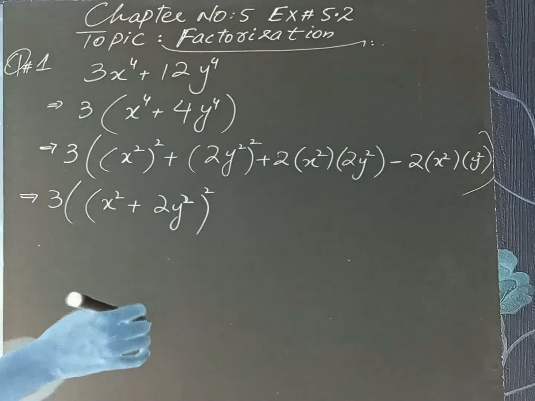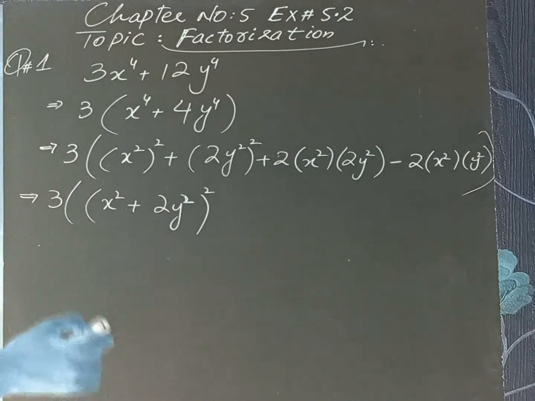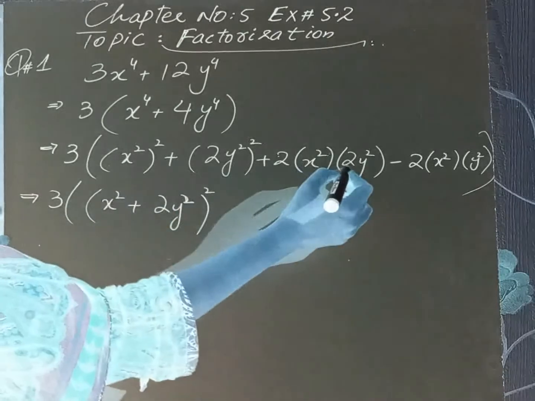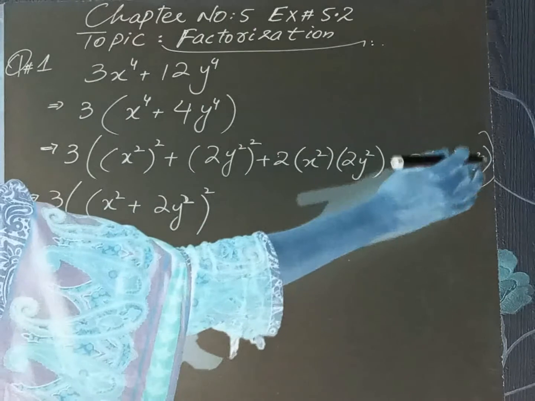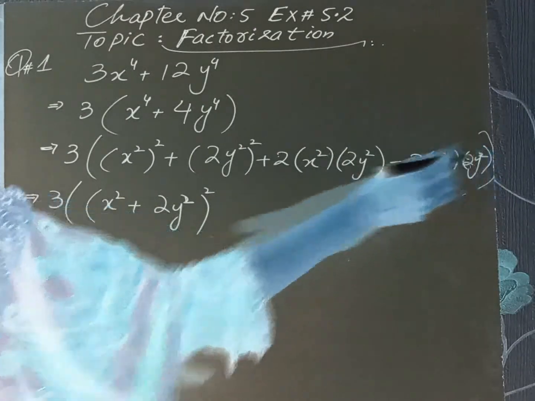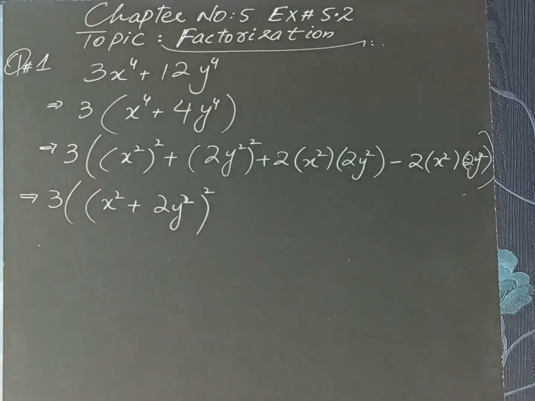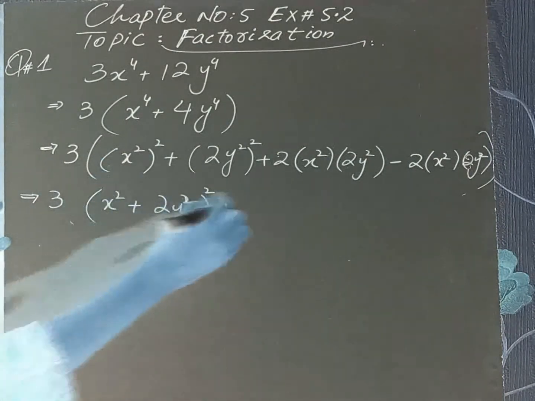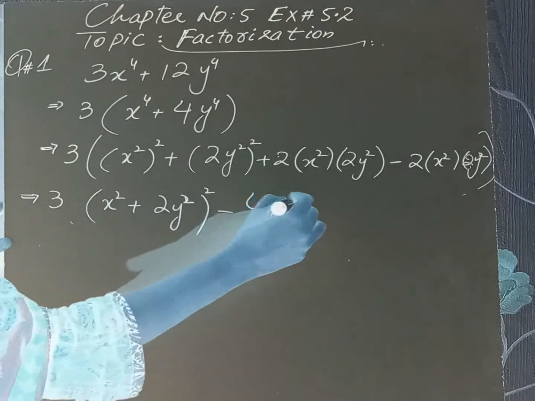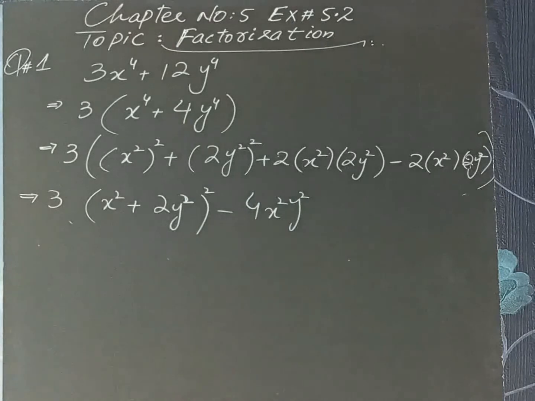Minus 2 multiplied by x square and y square, it will be minus 2. Sorry, this is not only y square, 2y square is here. That is 2y square. So this is the 4x square y square, that will be right over here. Minus 4x square y square.